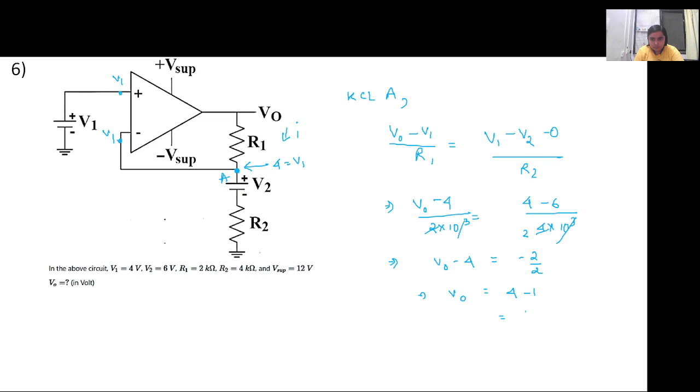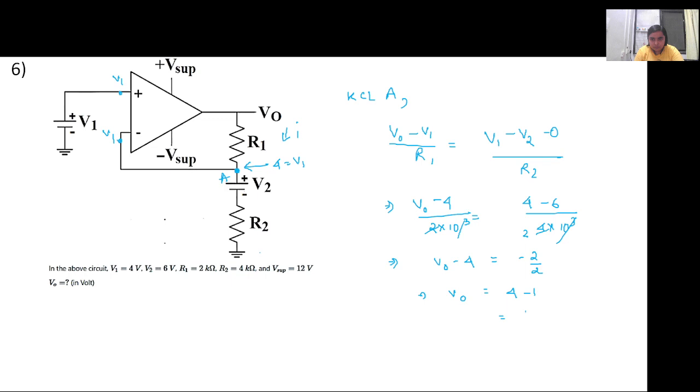Then we'll try another circuit which is similar to the previous circuit. The only difference is that instead of any resistance, a voltage V2 is connected between the inverting terminal and the output voltage, right? In this case too, this is V1, so this will also be equal to V1.